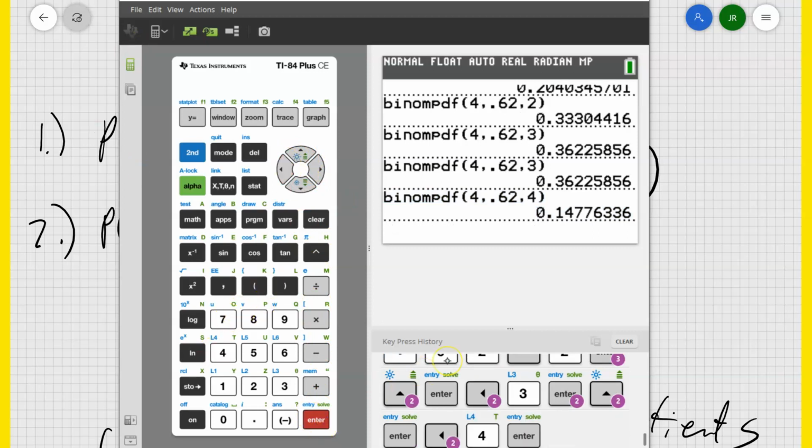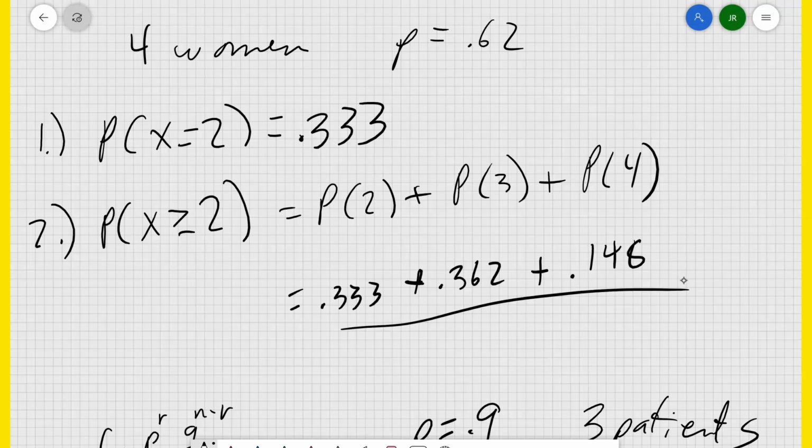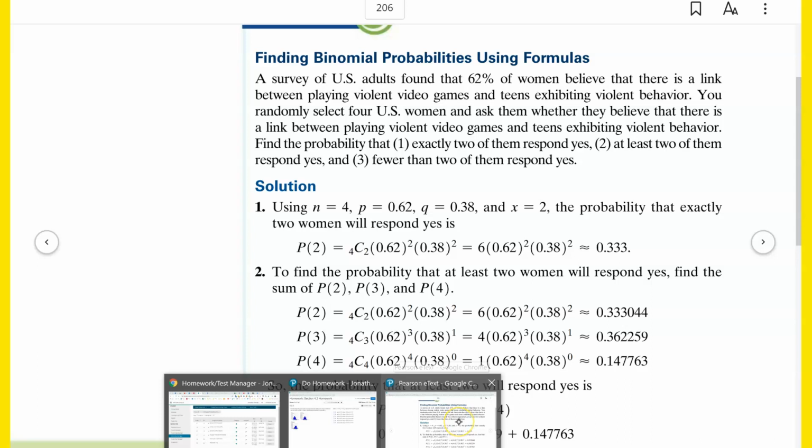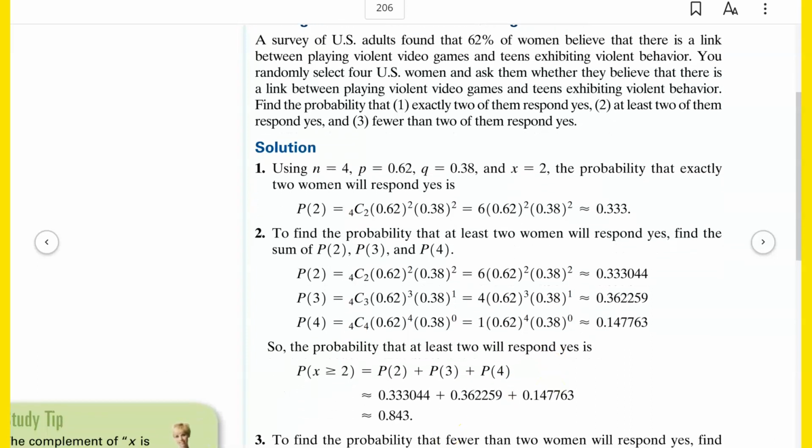And so I got 0.362 and 0.148. That's 0.362, 0.148, and I've also got 0.333 that I already calculated in the previous example. So add all those 3 together and you get 0.843.